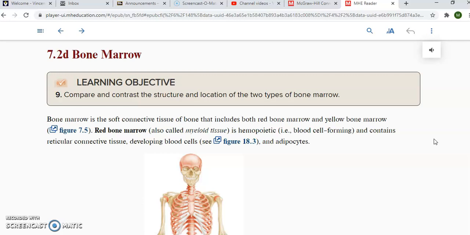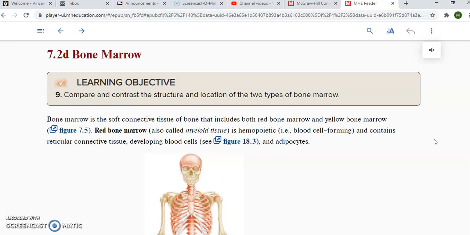But the thing you have to be familiar with is the location of the red bone marrow, because we're talking about the red bone marrow when we're talking about bone marrow biopsies and bone marrow transplants. When we're younger, we're infants and growing, we're making all of our red blood cells, continuing to make more and more as we grow, so we have a lot more red bone marrow, and a lot of our bones contain large amounts of it.